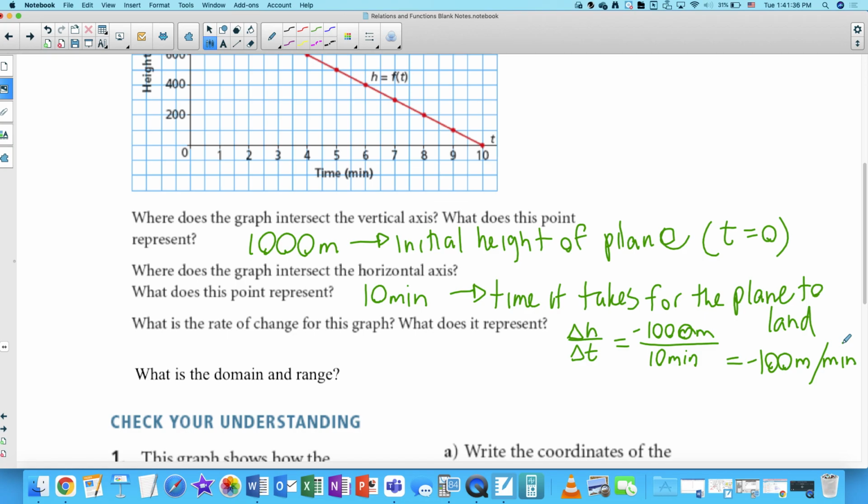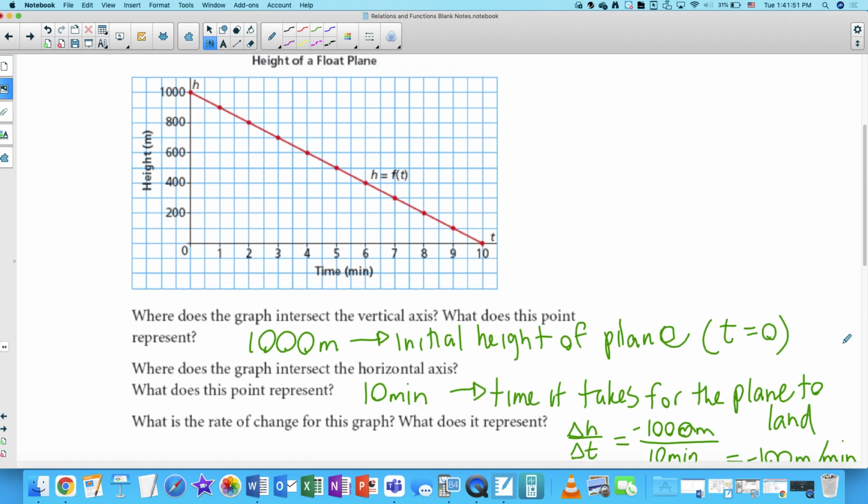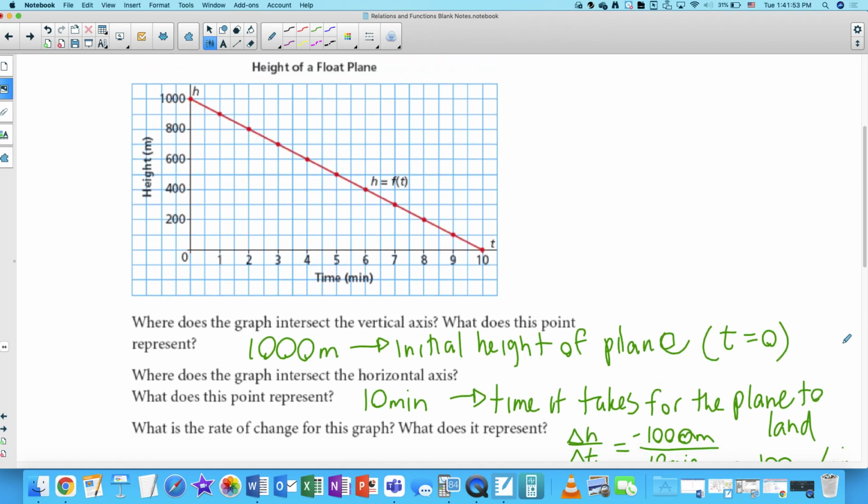So domain. Domain is our time values. What's the smallest time and what's the largest time? 0 to 10, yeah. So for the domain, 0 is less than or equal to time, which is less than or equal to 10.